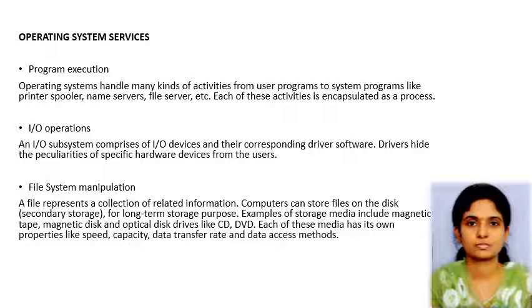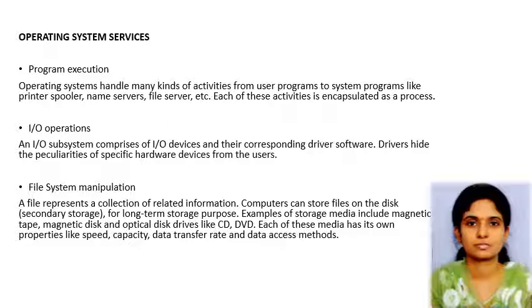First is program execution. This is one kind of service which is provided by the operating system. If we want to execute any program, first what happens? We write the program, compile it, and then start running it. So what happens internally? What services does the operating system provide?